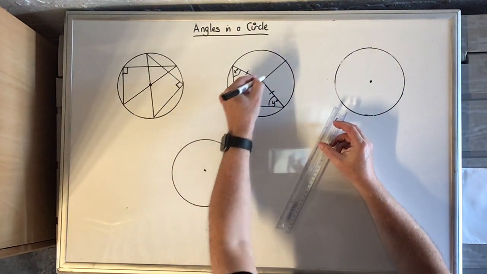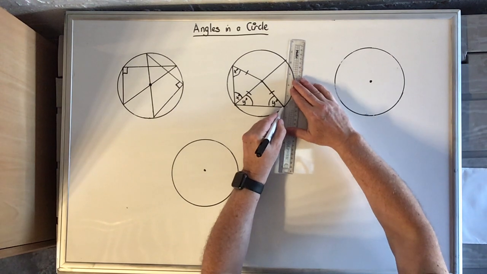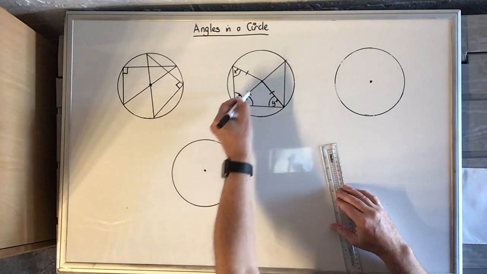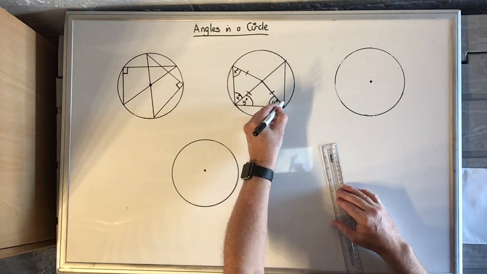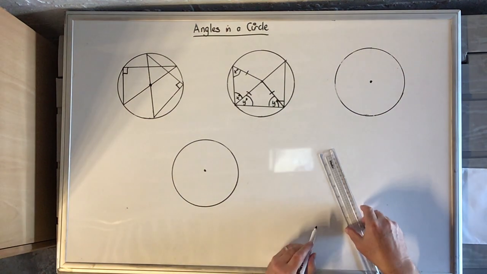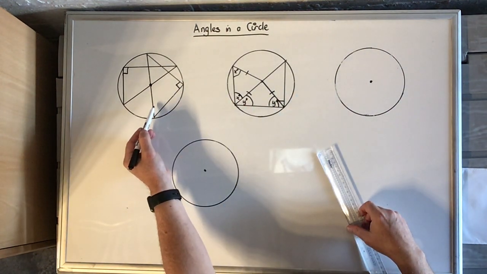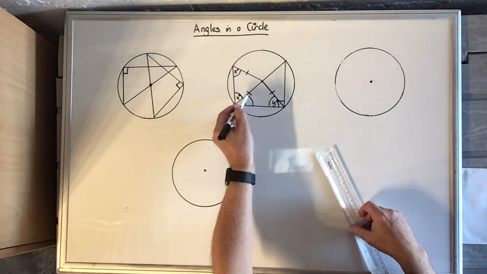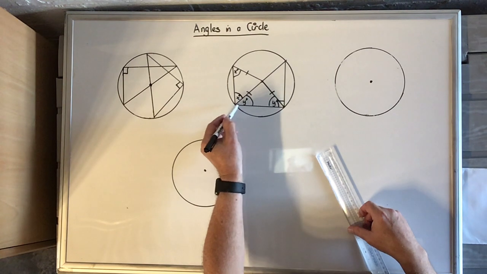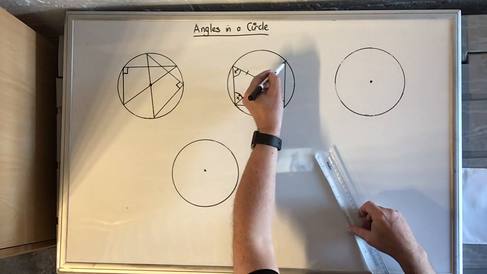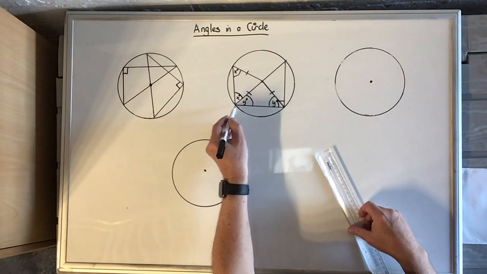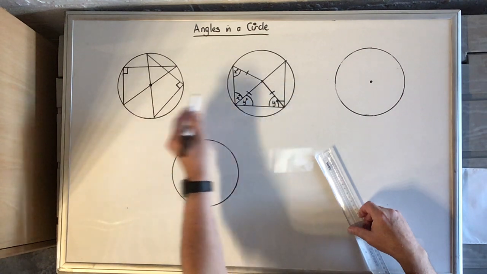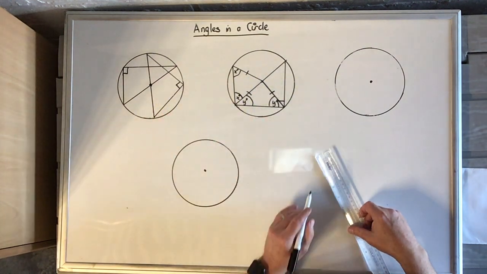So that's the diameter, and if I join in this line here to form another triangle, and this is the big triangle along here, then that whole angle in here must be 90 degrees from that property, because we have a big triangle here and this is the hypotenuse, therefore it must be a right angle here because the other 2 lines meet on the circumference. Okay, so that's a combination of these and isosceles triangles.